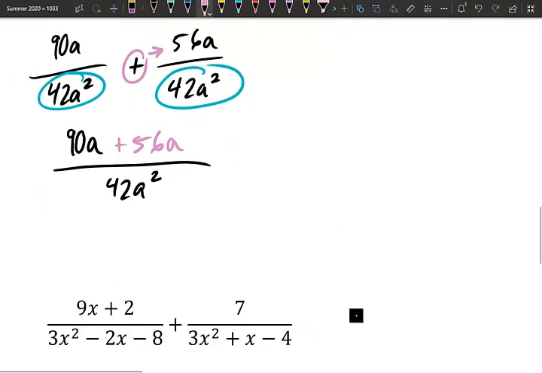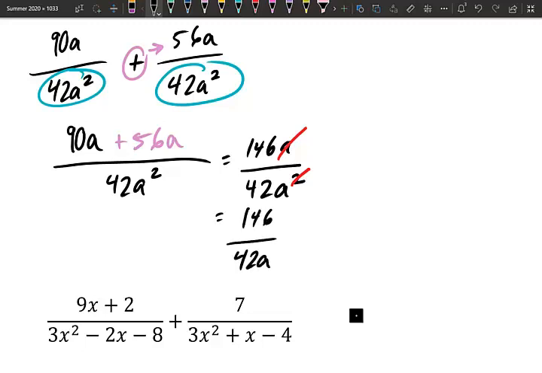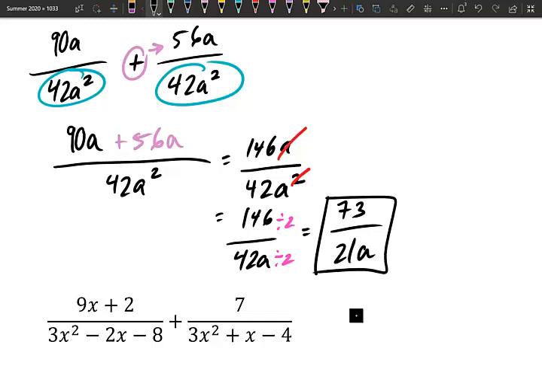We can combine like terms on top because they're both a. So 90a plus 56a is 146a over 42a squared. I can cancel out because a squared, I can get rid of one of them. So we're left with 146 over 42a. We can simplify because they're both even, so we can divide by 2. And we get 73 over 21a. We are done there because 73 is prime.